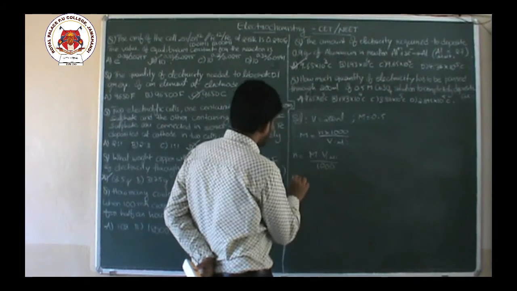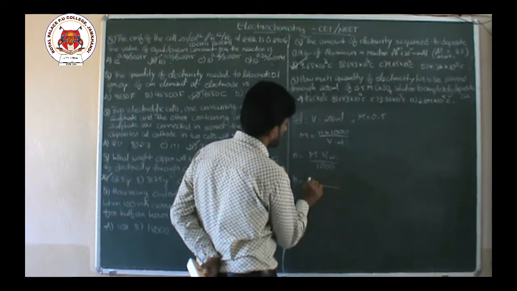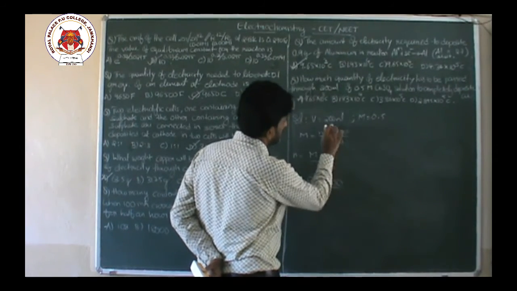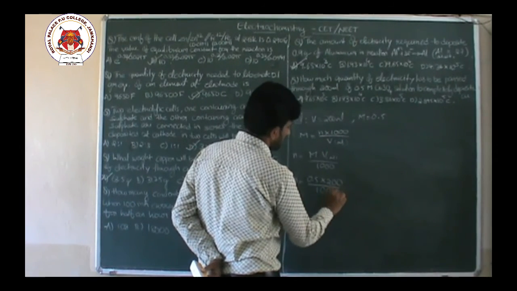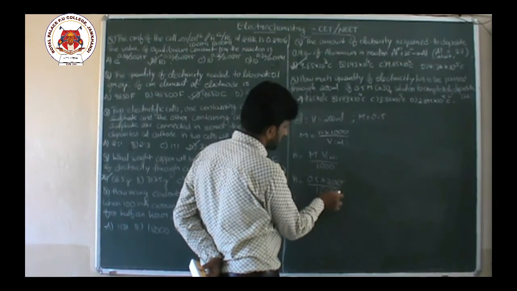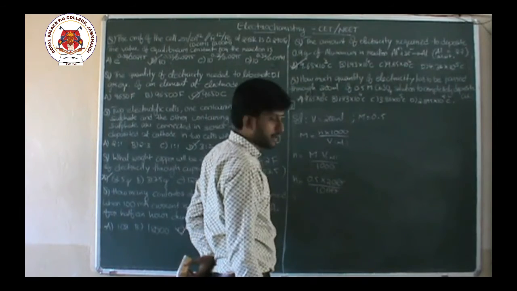Yes. Now number of moles of copper is equal to 0.5 into 200 ml by 1000. Now that means these 2 zeros I can cancel here. Okay.